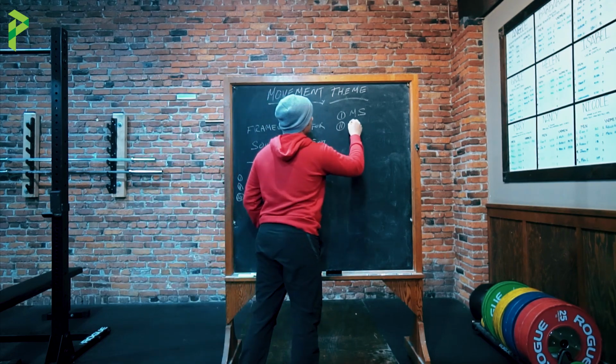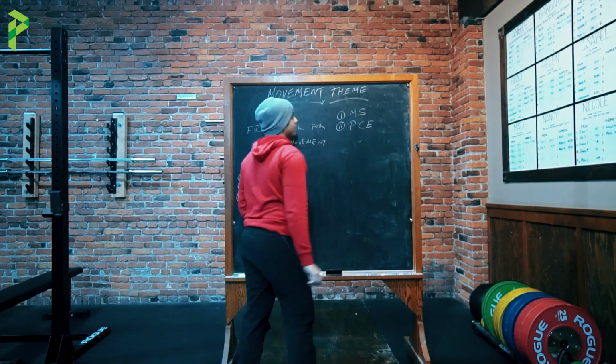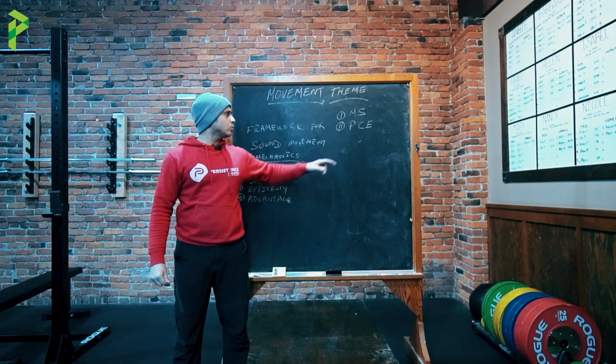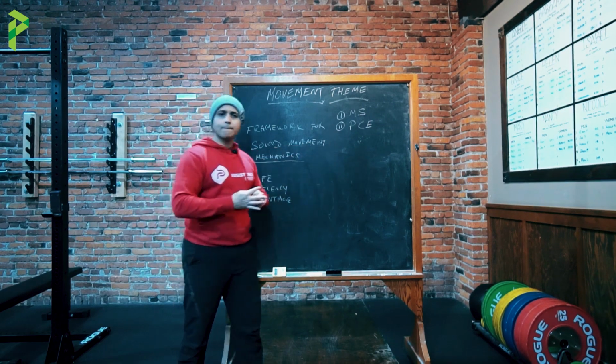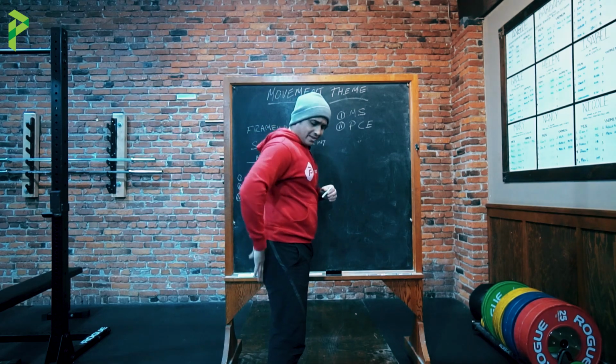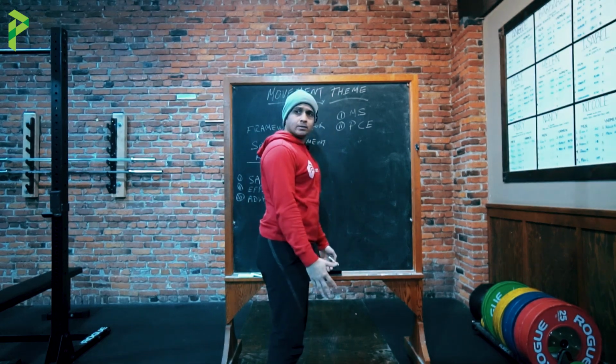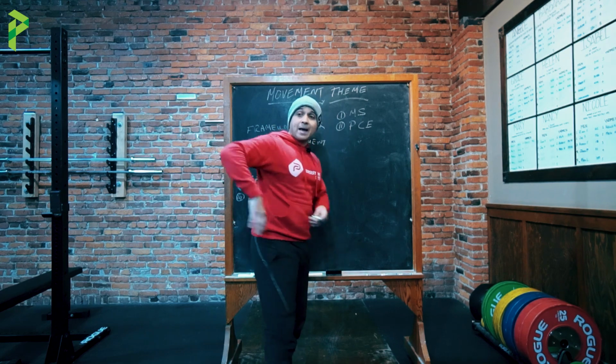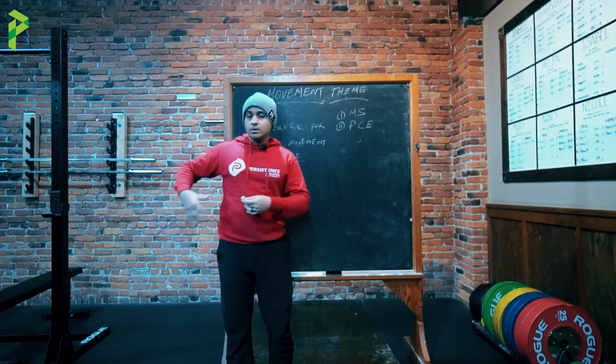Second one, posterior chain engagement. Anatomical word, posterior chain. It's nothing but the back of your body. This is called anterior, the front of your body. This is called posterior, the back of your body.